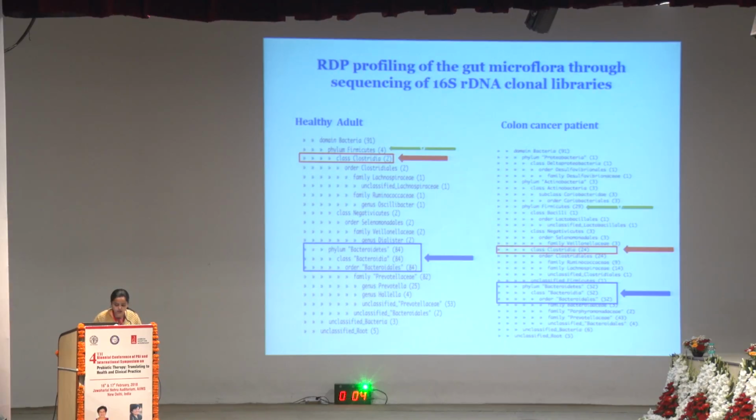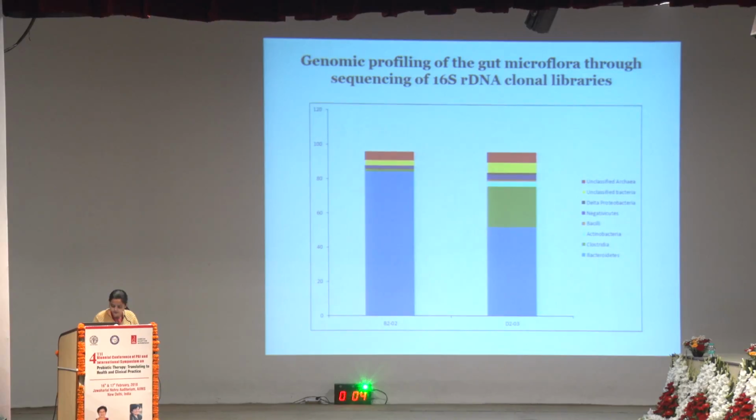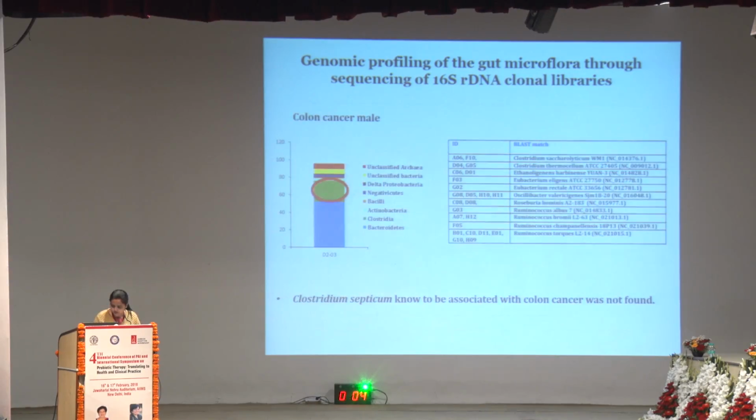And here the comparison shows between the colon cancer patient and healthy adults. Here we can see that at the class level, Clostridia was much higher than in the healthy controls. This is a pictorial representation of the same, where D2 is the colon cancer patient, and we can see that Clostridia is much higher than in the healthy adult B2.